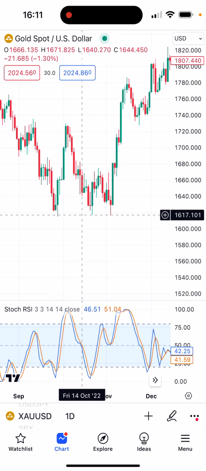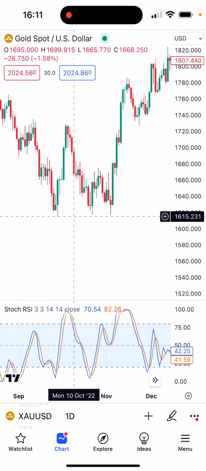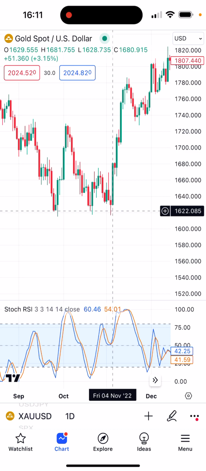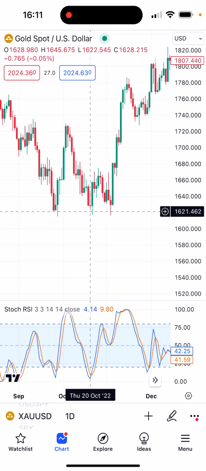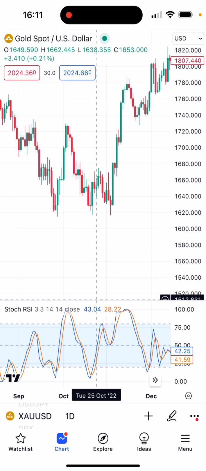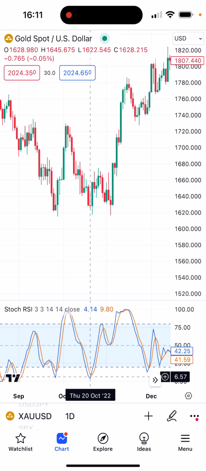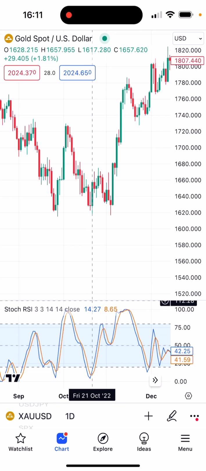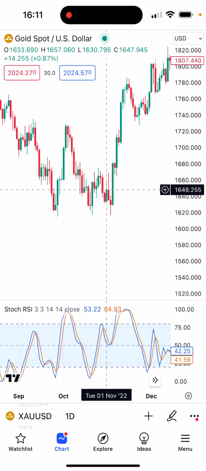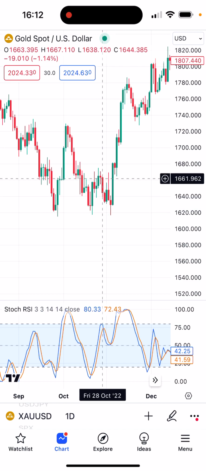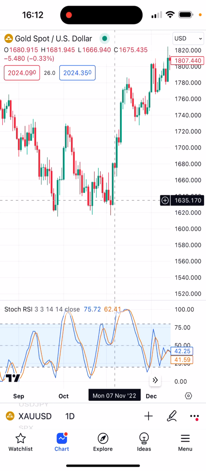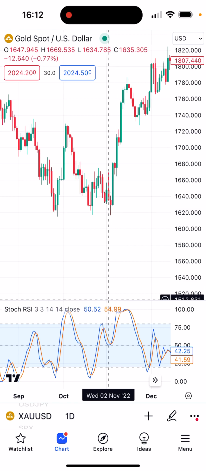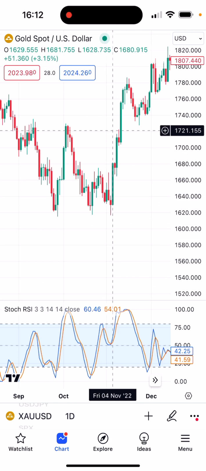So you got a beautiful triple bottom here, right? Triple bottom here, and then you would see this crossing above the stochastic right here. On that day, you would have made a nice profit, and then you see another crossing down, and then you see another crossing on your stochastic heading all the way up here.